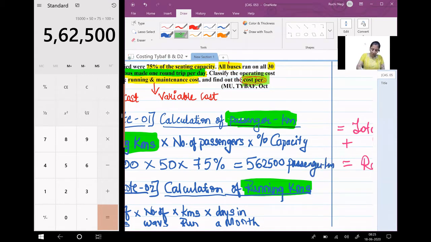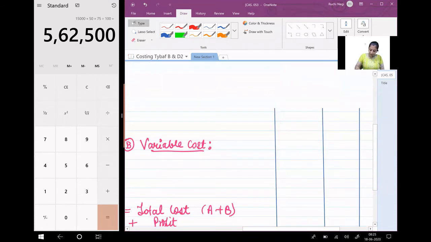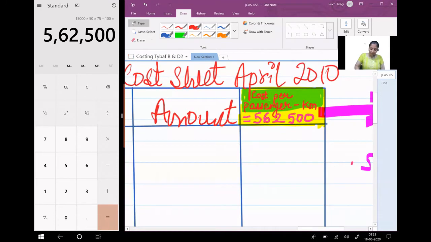So this is my answer. 5 marks are for this calculation. 5,62,500 kilometers. Clear? Write this down here. Am I clear till here to everyone?